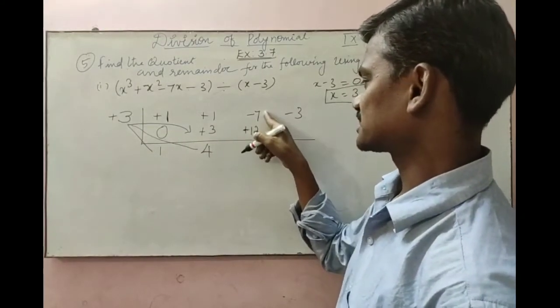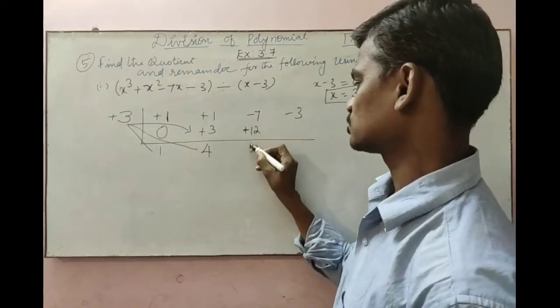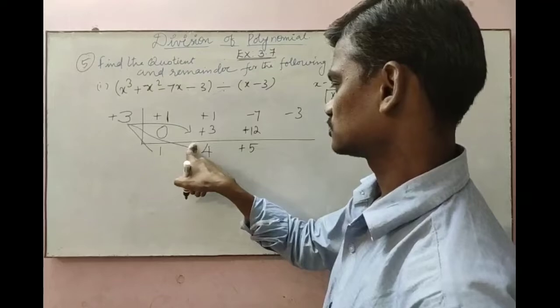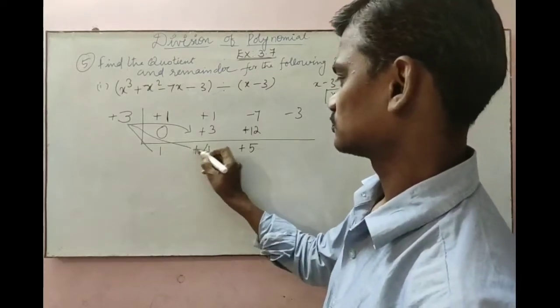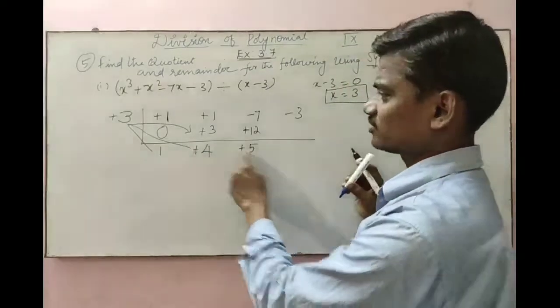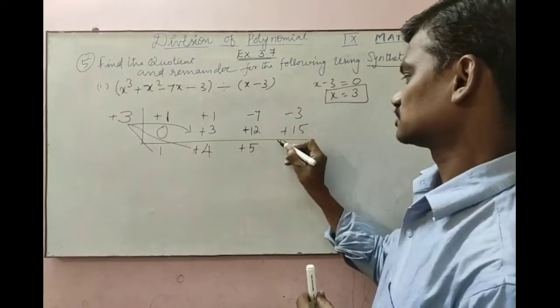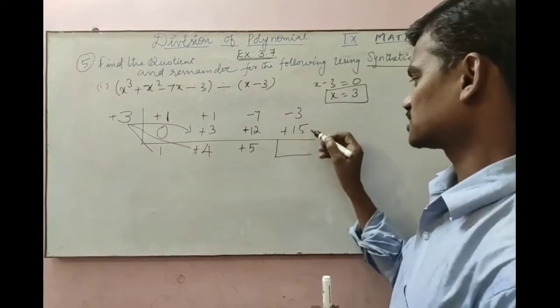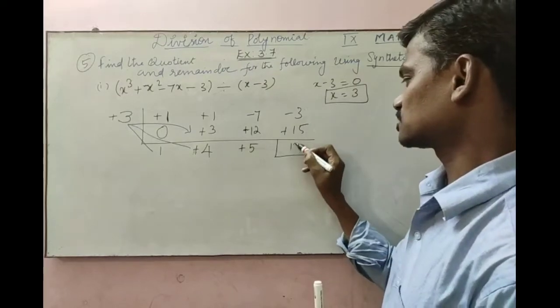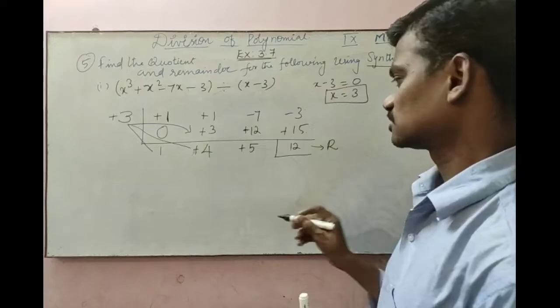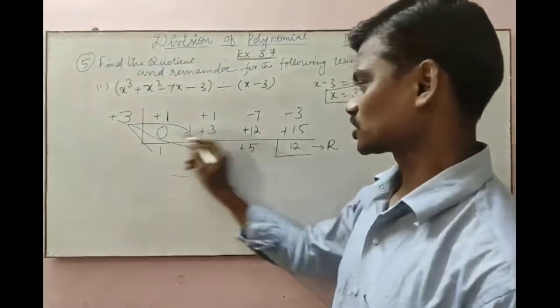Plus 12 minus 7 gives plus 5. Write the sign also. Again plus 5 into 3 gives plus 15. Put the line like this. 15 minus 3 gives plus 12. So this is the remainder. This should be carried for the quotient.